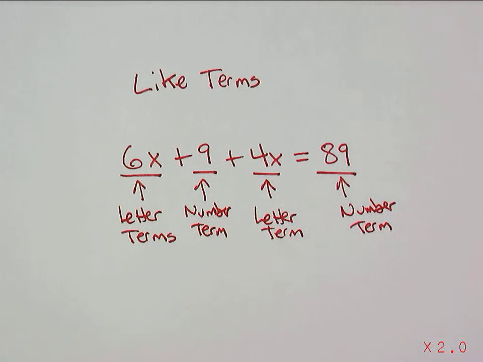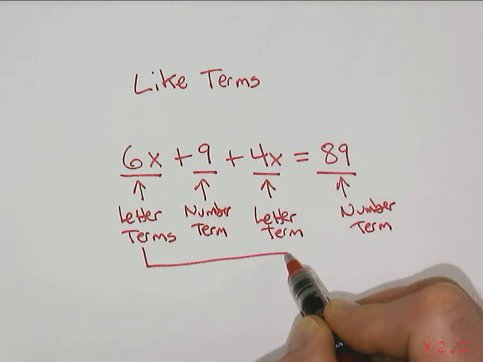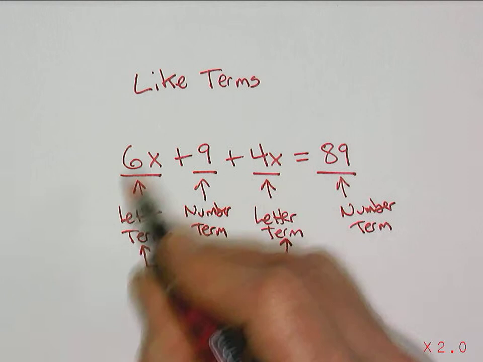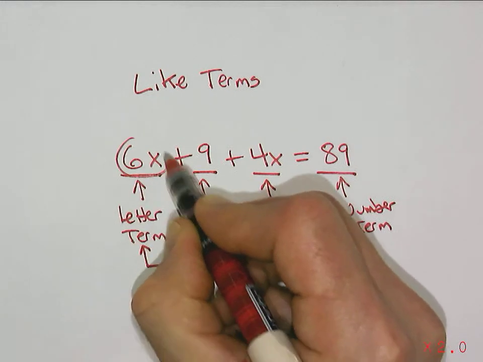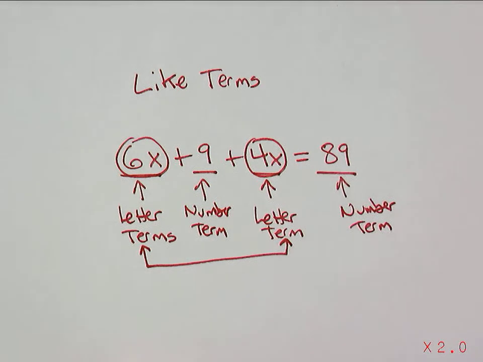And the idea is that when you have like terms on the same side of the equal sign, so over here we have 2 letter terms, 6x and 4x, that are on the same side of the equation, in order to solve this equation, we actually need to put those together.